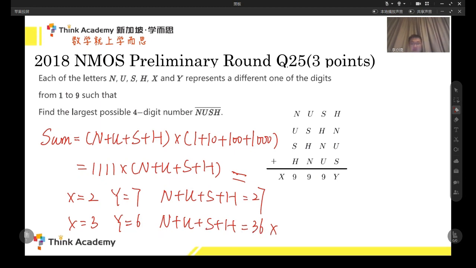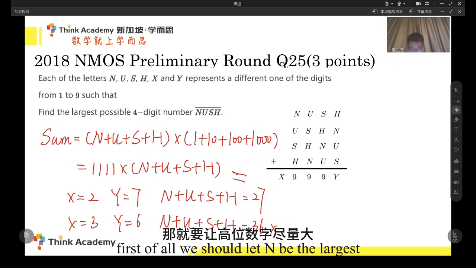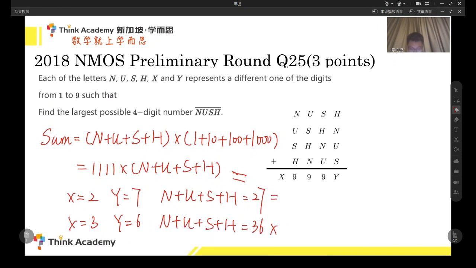Now then again, we like the 4-digit number to be the largest. How can we do that? So first of all, we should let n be the largest. So n should be 9, then u should be 8, right? But now s cannot be 7, I have to mention that, as y is 7, right?